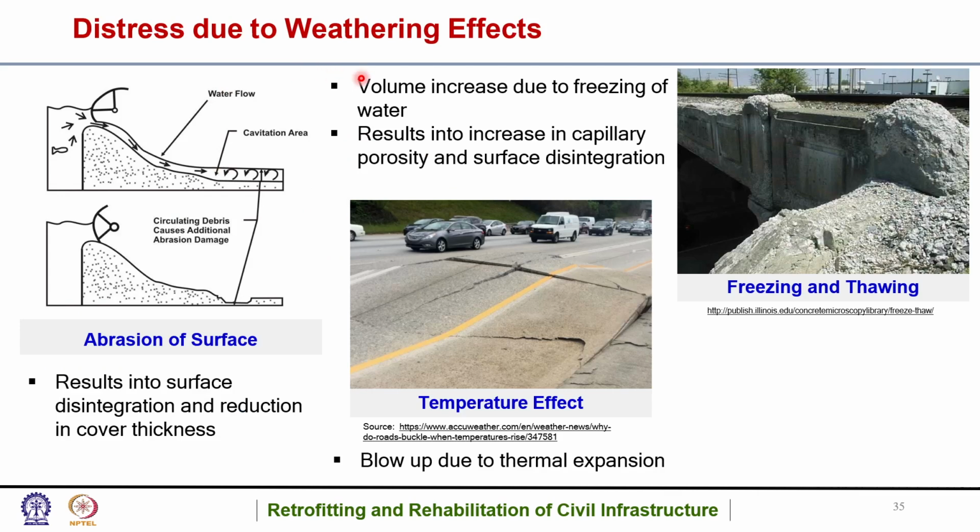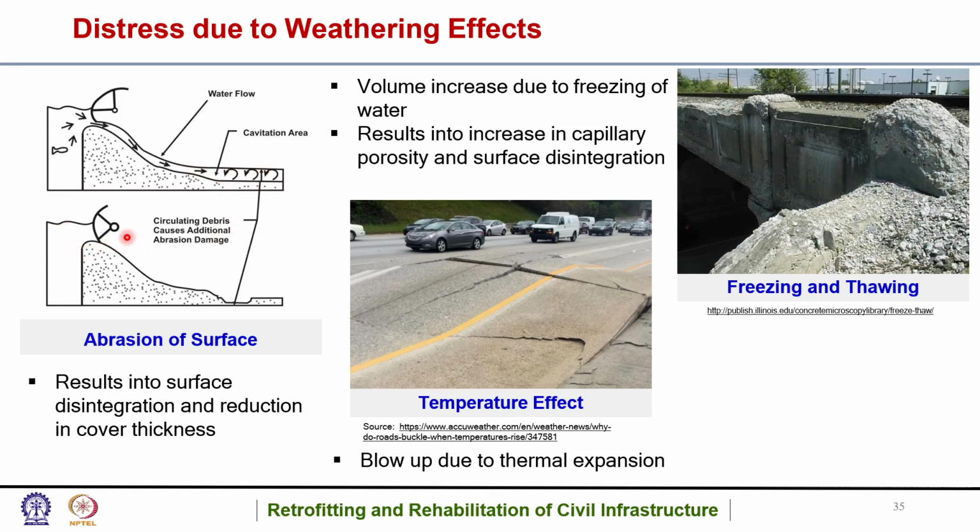Then there is distress due to weathering effects. Weathering is basically the eroding effects of nature. For example, there is a water flow over a soil, or over a channel, or over a canal, or over any structure. Because of that water flow there can be cavitation. Cavitation is basically the weathering, the eroding effect.